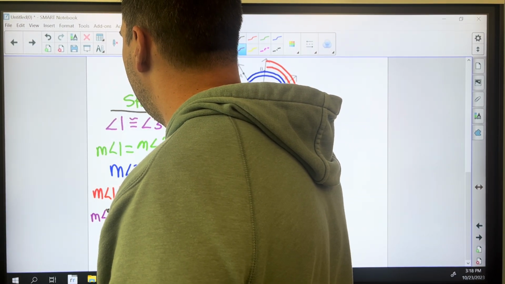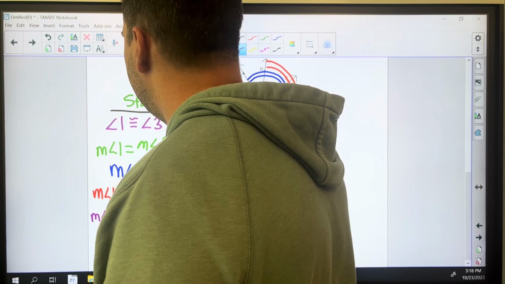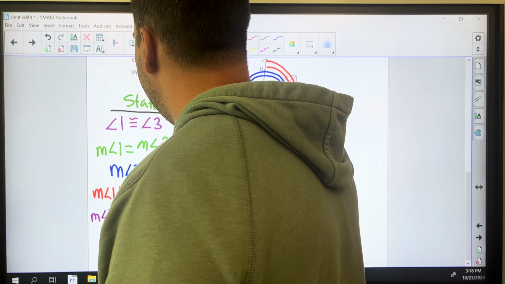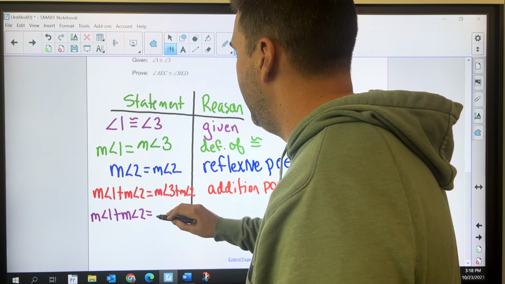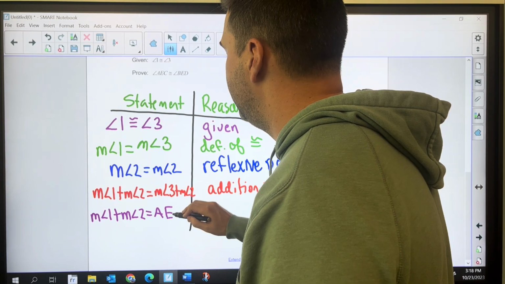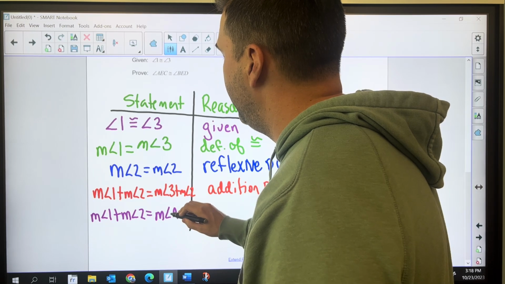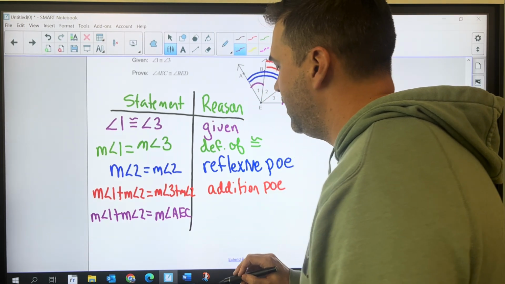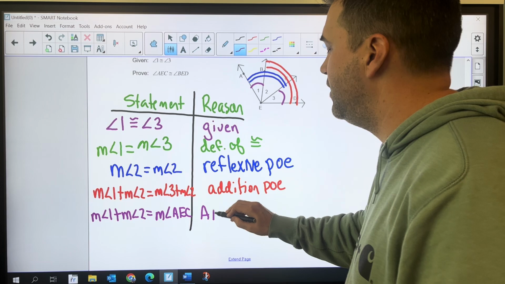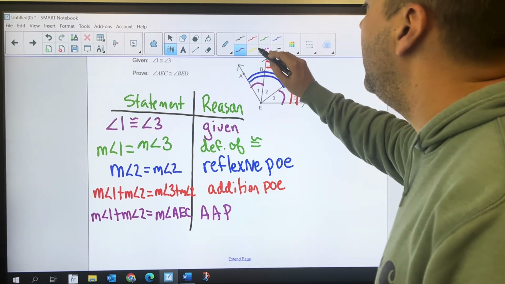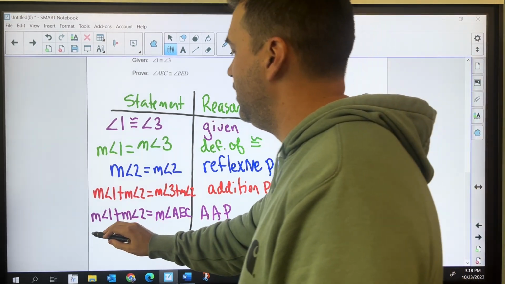Measure of angle 1 plus the measure of angle 2 equals, AEC. Nope, gotta call the angle. Measure of angle AEC, and that's my angle addition postulate.